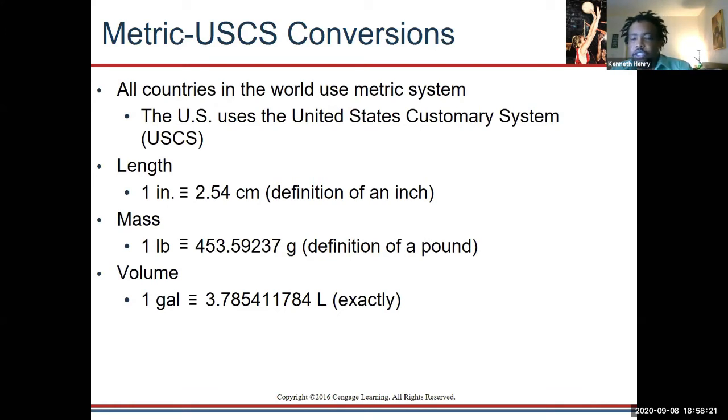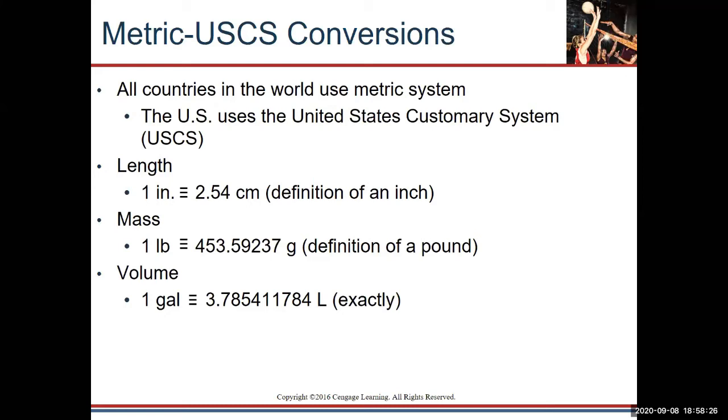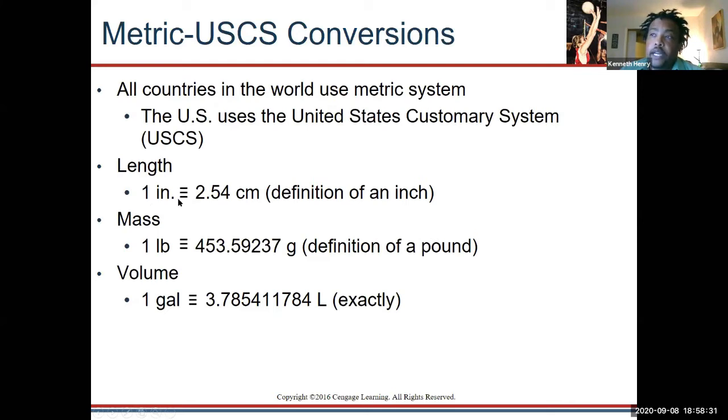Did you guys find the conversion sheet? Yes. Okay, so we know that 1 inch is equal to 2.54 centimeters. 1 pound is equal to 453.592737 grams. 1 gallon is equal to 3.7854111784 liters.